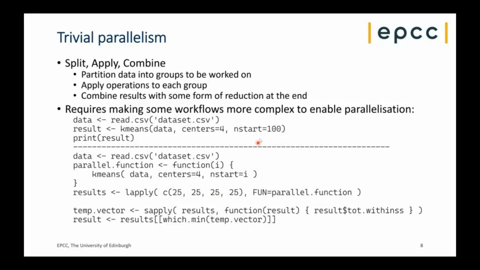So this will give me 4 data sets, each with an nstart of 25, the number to start on. And that will create me an array of results, which I can then apply using this thing called sapply to sum up the results from those and then gather that data together at the end.